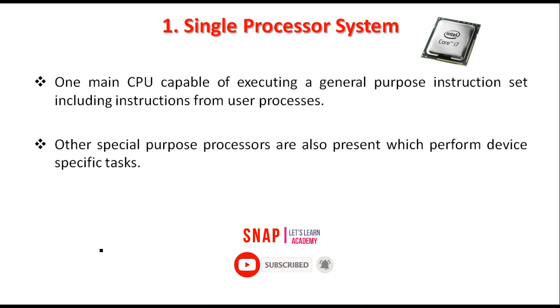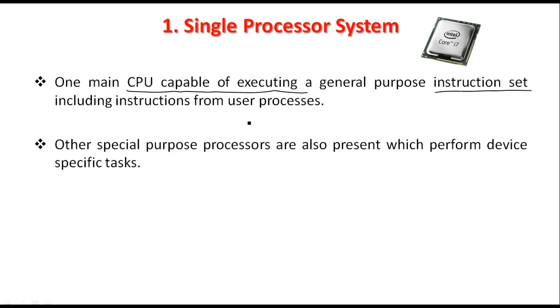Special purpose processor means in the system we are having only one main CPU, and that main CPU is capable of executing all the general instruction set from the user processes.